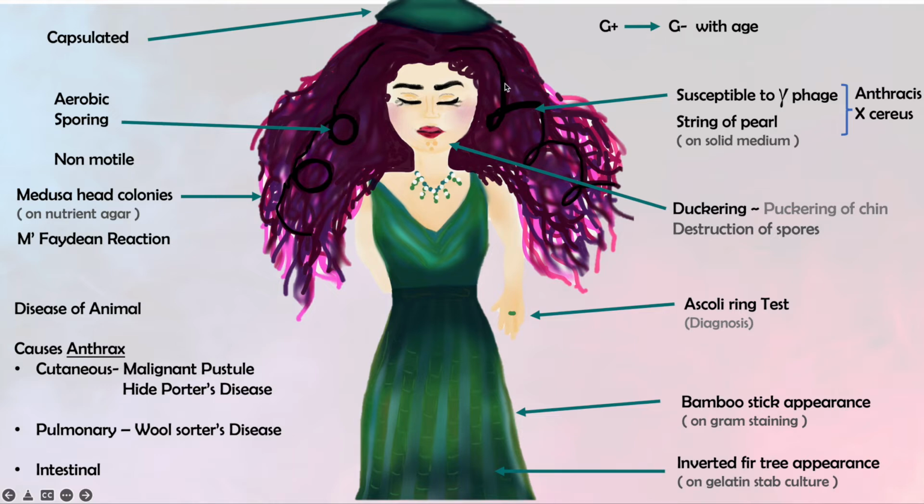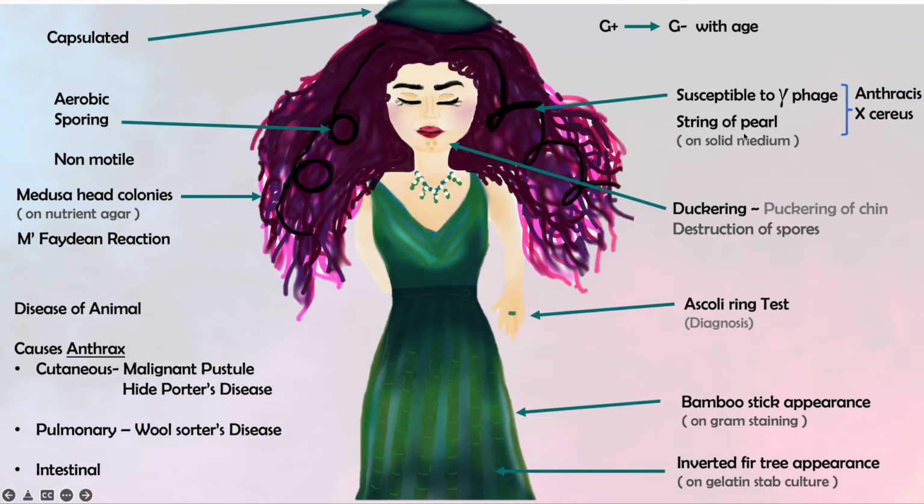So let's come over to the gamma that her hair is making. This signifies her susceptibility to gamma phage. And the string of pearls is correlated with her pearl necklace. String of pearls is the appearance it makes on solid media.